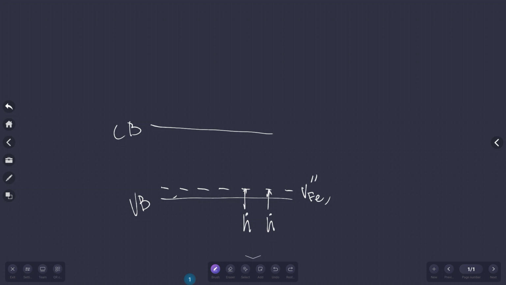Now they are acting like an acceptor state. And now you can see the material doesn't have to conduct by exciting electrons across the entire band. With a little bit of energy, you can create holes and it will become a p-type semiconductor. So this material that was an insulator, when you create the non-stoichiometric Fe1-xO, becomes a p-type semiconductor.